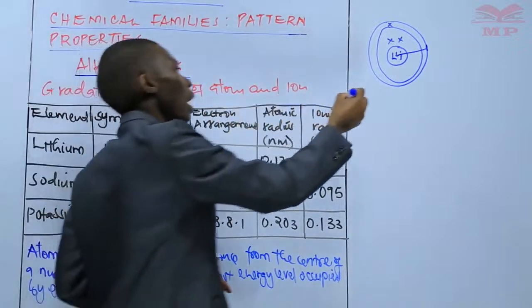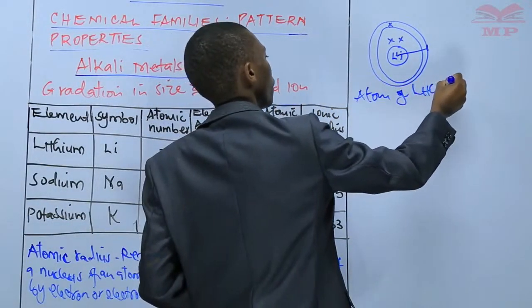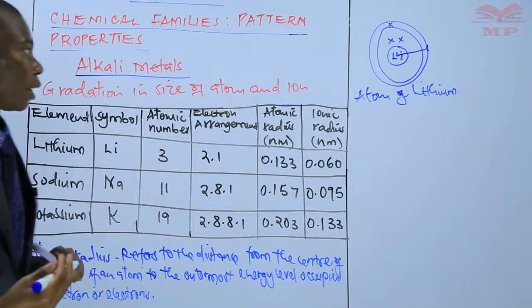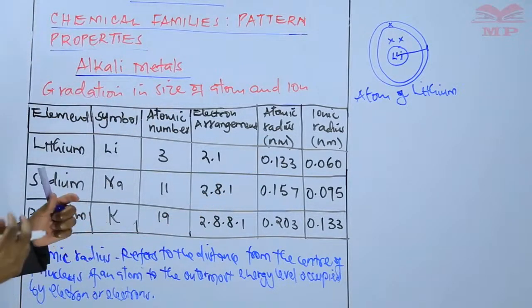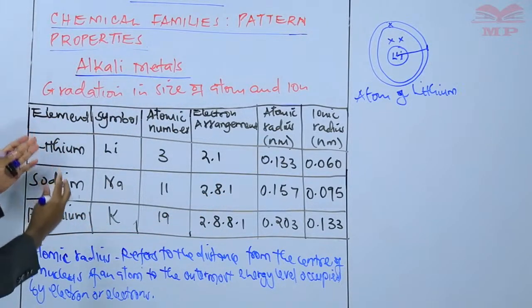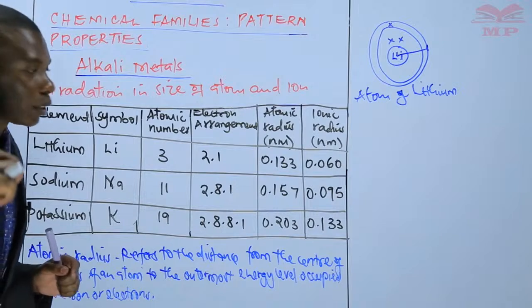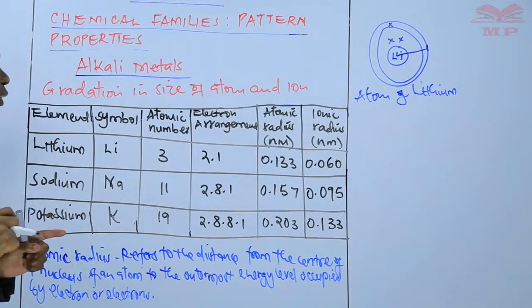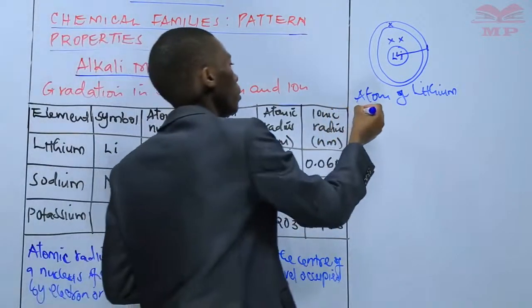So this is an atom of lithium. An atom of lithium looks like that. Then when you talk about the ionic radius, we are referring to the radius of these elements having undergone ionization or having formed ions. And these elements form ions by losing 1 electron in the outermost energy level.